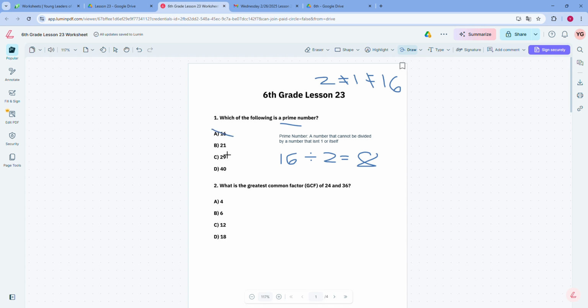Next is 21. 21 can be divided by 3, which is 7, and 3 is not 1, and it's also not 21. But 29, however, can only be divided by 1 or 29. And you can't use another number without getting a decimal or something. So 29 would be your prime number.